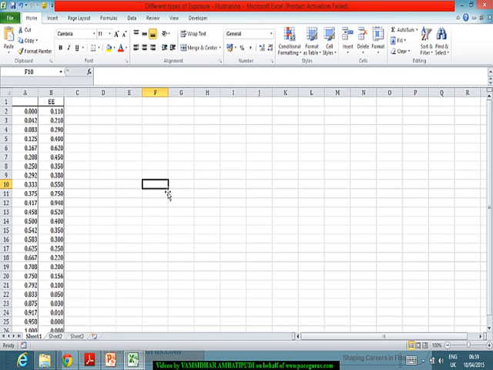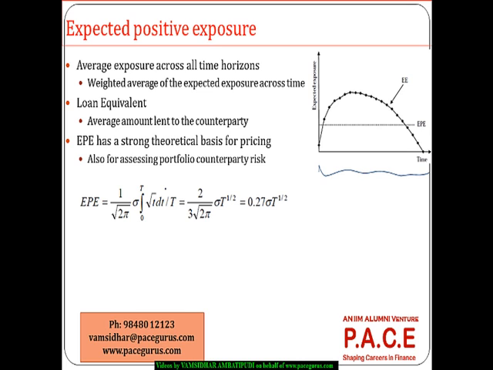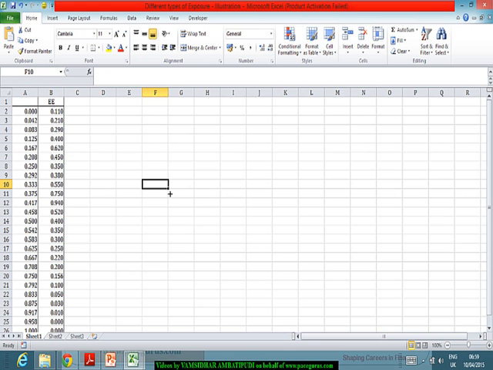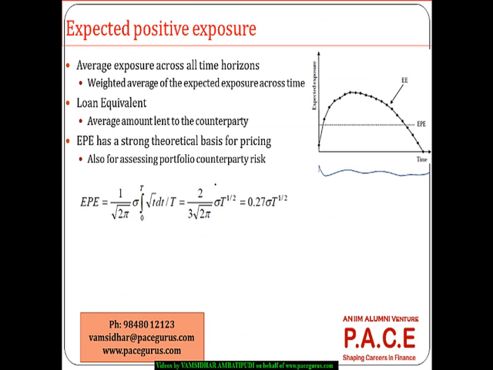Now we know what expected exposure is, which is the average of all the positive exposures at a point in time. That is what we are calling expected exposure. Now what we are saying is, I am computing this expected exposure at every 1 by 24th of a year, which means every fortnight.